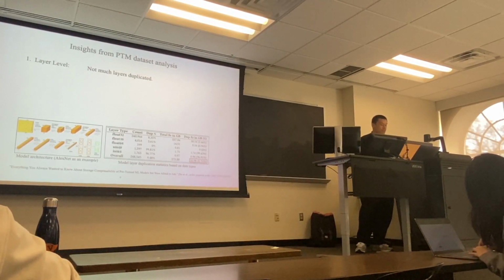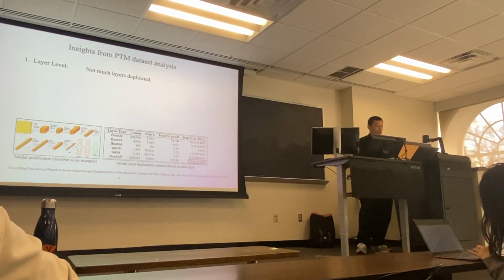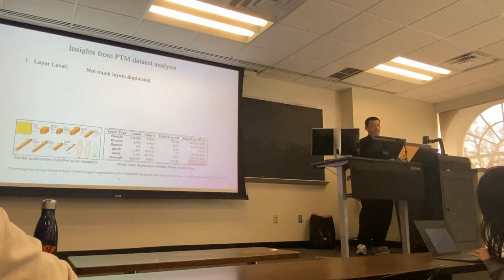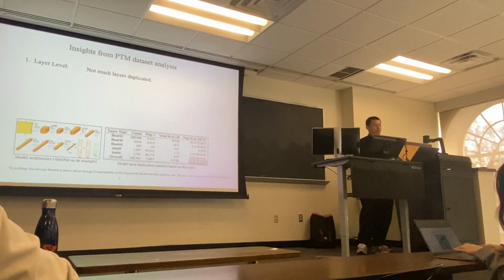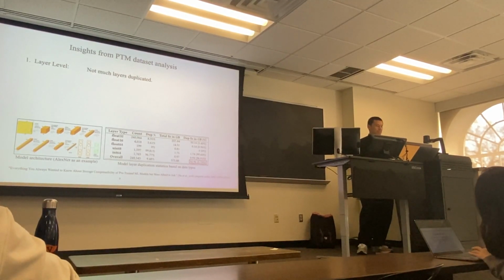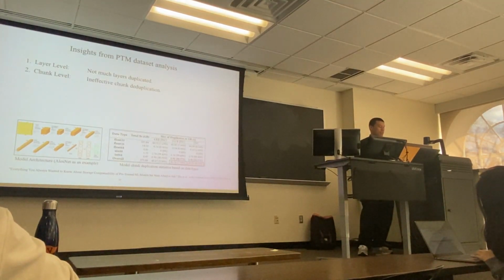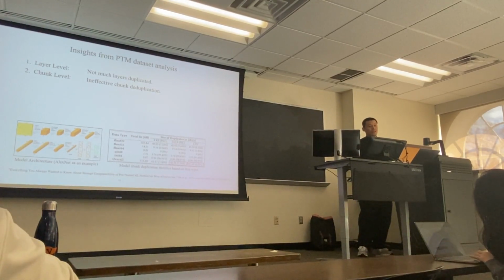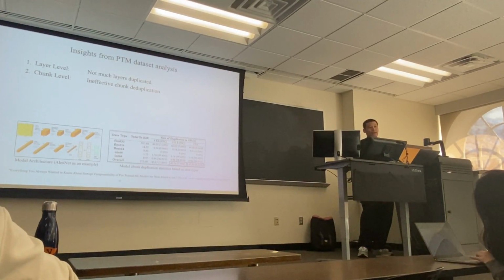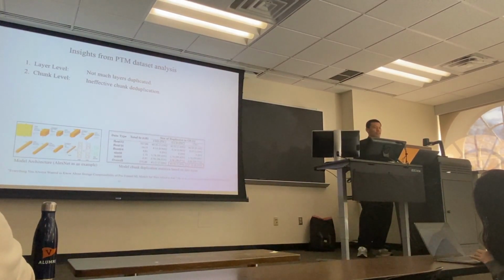But the experimental results show that such duplicated layers only account for about 5% of the footprint, which is small. This method is not promising. How about we split the layer into fixed size chunks, like 4 KB, 1 KB, or even smaller? But the result is still negative.